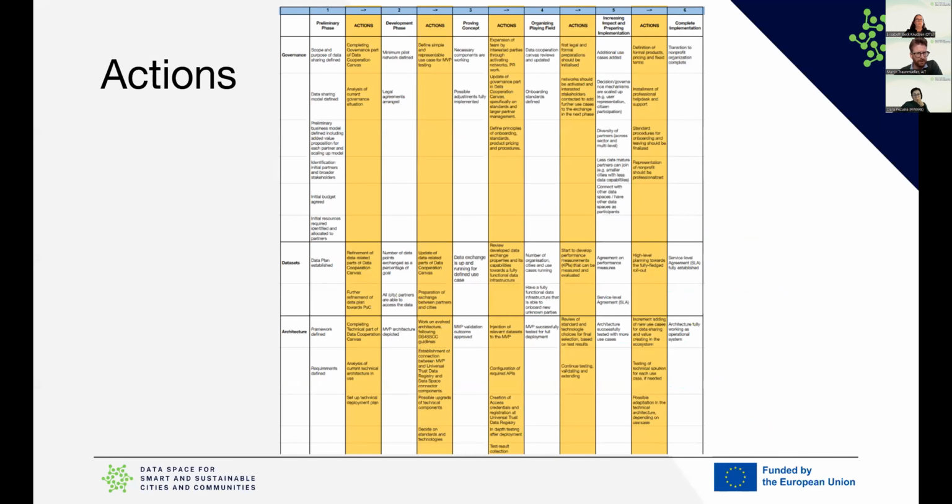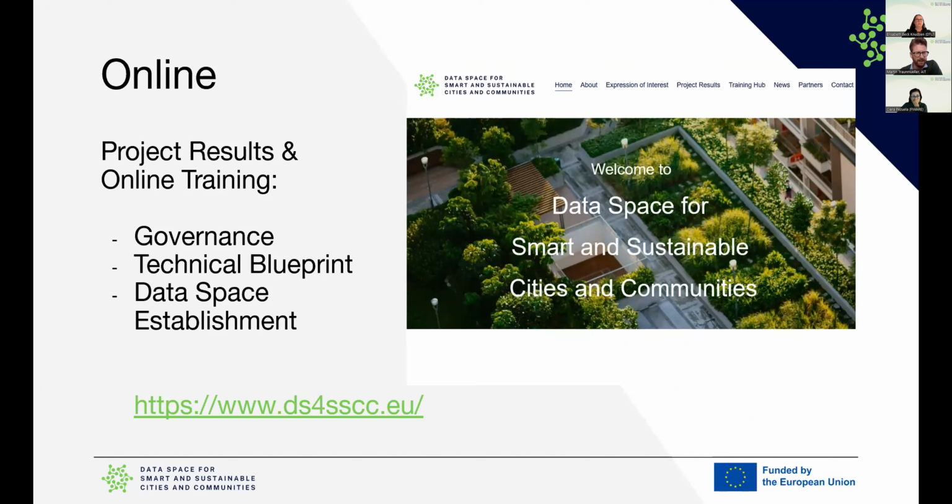Of course, when you go online, in all of the deliverables we have more detail on that. And there you will also find the cheat sheet, which should help you to set your use case into action.